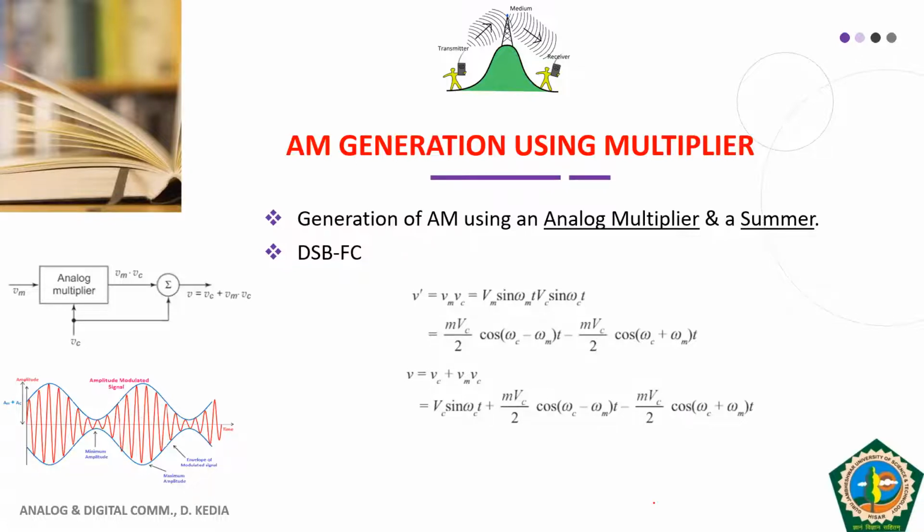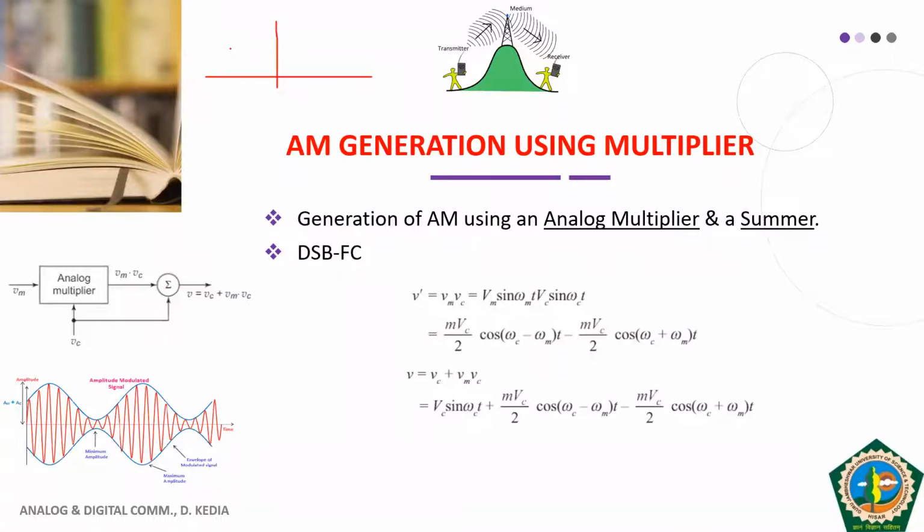In the AM signal we have three things present in the complete AM signal, and those three things are your carrier, your upper sideband, and your lower sideband. Now the question arises: mathematically, how can we generate that AM signal? If you remember, in the AM signal we had mainly two things.